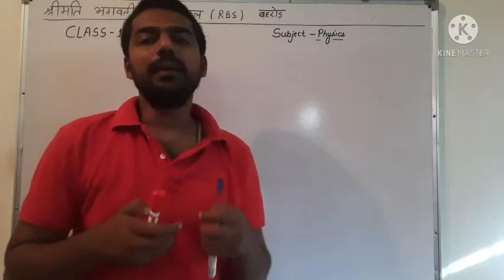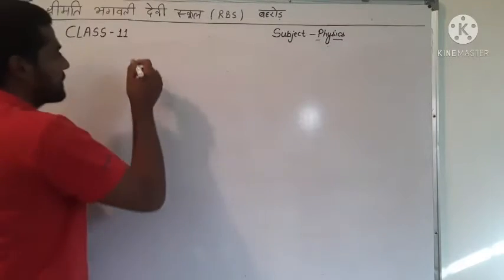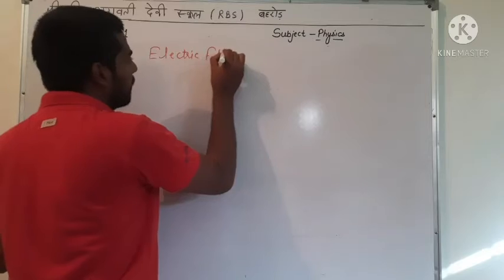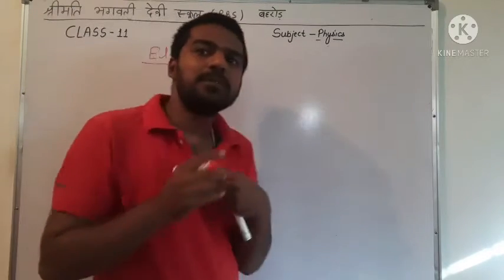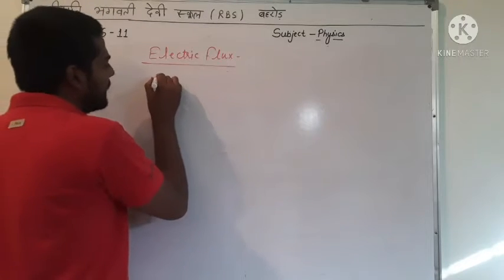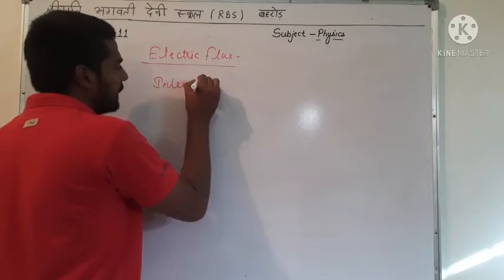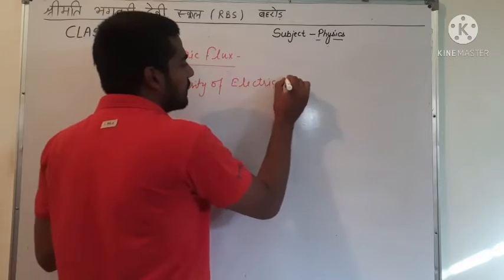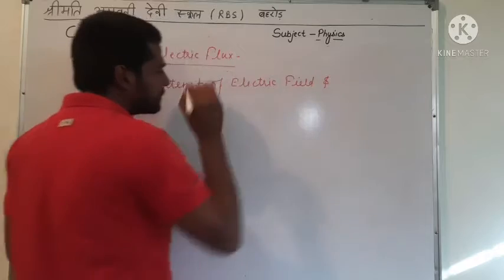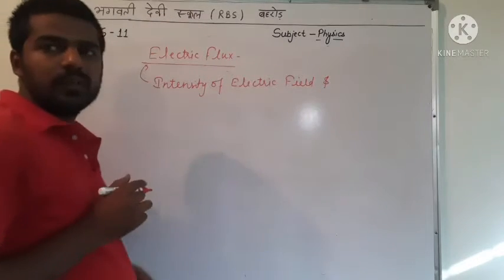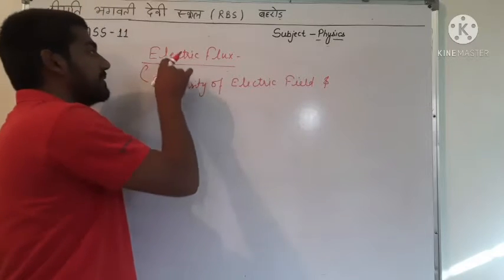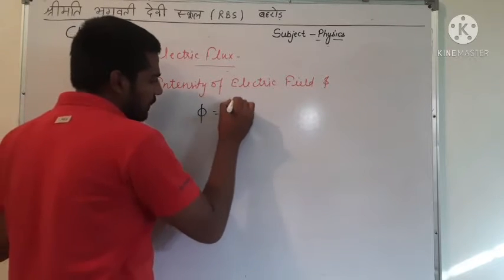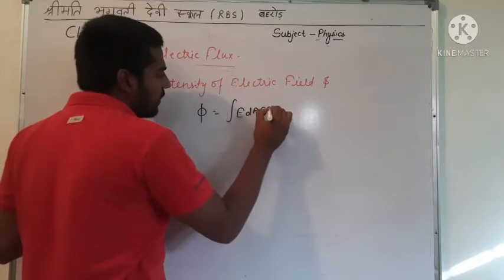Good morning, students. In the previous class, we studied electric flux, and after that we generated a relation between the intensity of the electric field and electric flux, which is phi equal to E dA cos theta.